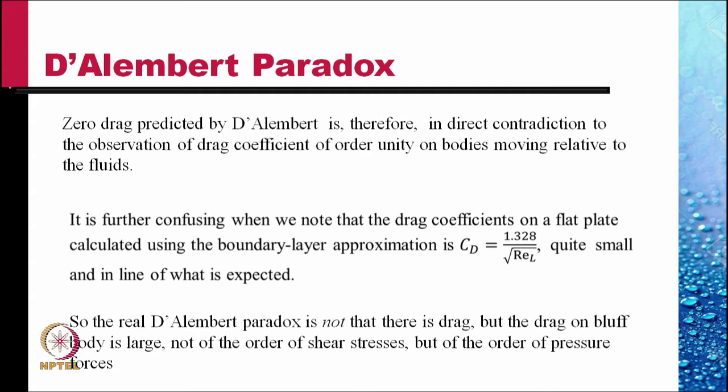So, the real D'Alembert paradox is not that there is a drag, but that the drag on a blunt body is large, not of the order of shear stresses, but of the order of pressure forces.